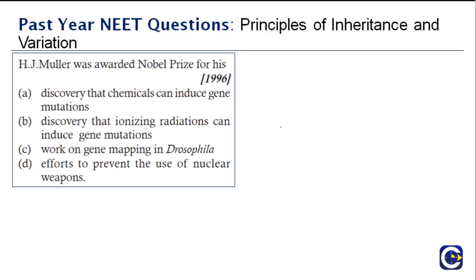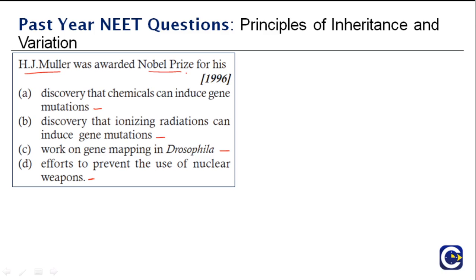H.J. Muller was awarded the Nobel Prize for his discovery that chemicals can induce gene mutation, discovery that ionizing radiations can induce gene mutation, work on gene mapping in Drosophila, or efforts to prevent the use of nuclear weapons. So what was the reason that H.J. Muller was awarded the Nobel Prize? It's very important that you should remember the name of the scientist and what they did.